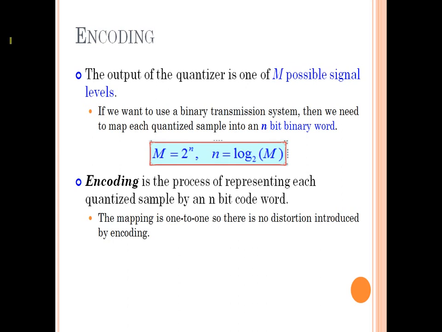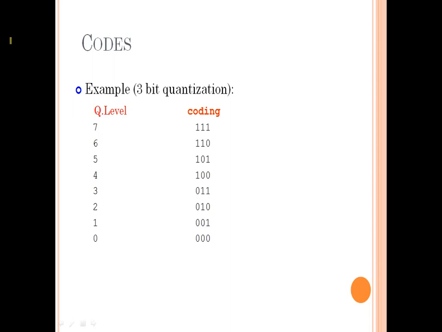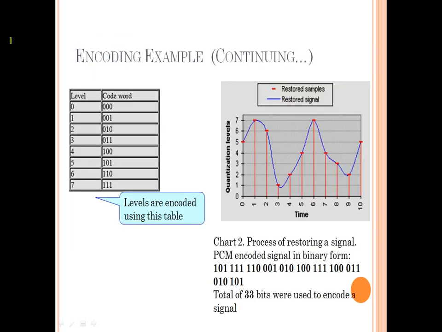For encoding, if the quantization level is 8, from 0 to 7, it will be converted into 3-bit PCM like this. For quantization level 7, the code will be 111. For 6, it is 110. For 5, it is 101. For 4, it is 100. For 3, it is 011. For 2, it is 010. For 1, it is 001. For 0, it is 000.